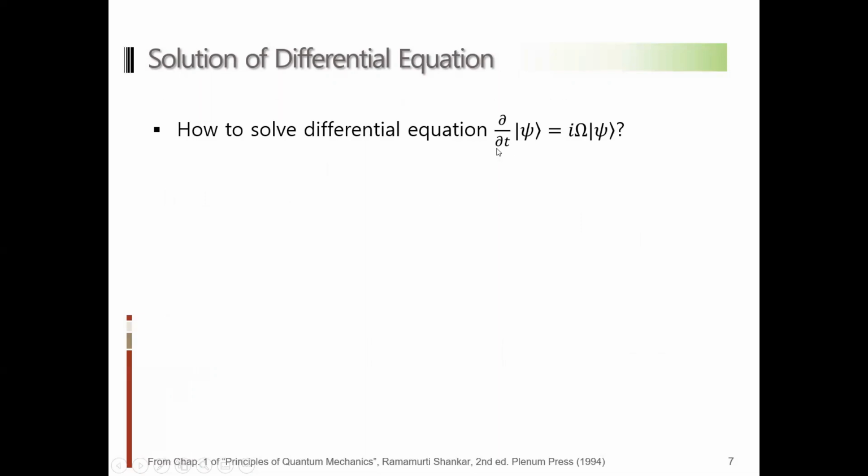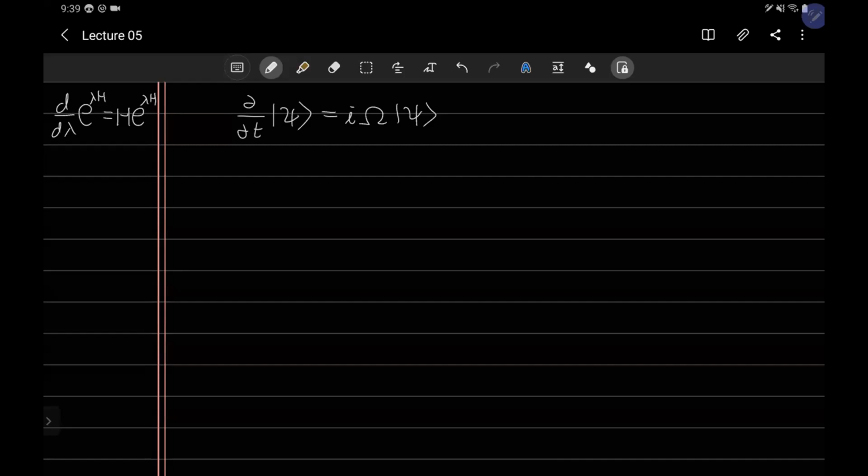And why are we interested in the form of this differential equation? Because one of the most important equations in quantum mechanics is the Schrödinger equation, and this is the shape of the Schrödinger equation. In a typical situation, we are asked to solve this kind of linear differential equation when we are given some initial condition at time t equals 0 with some initial state.